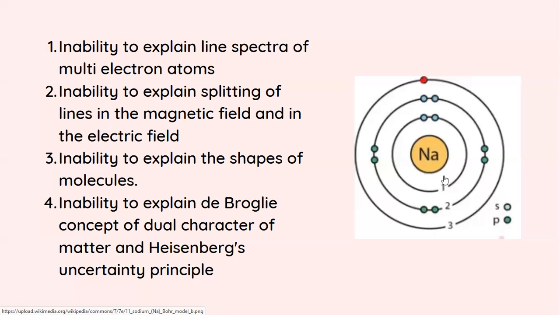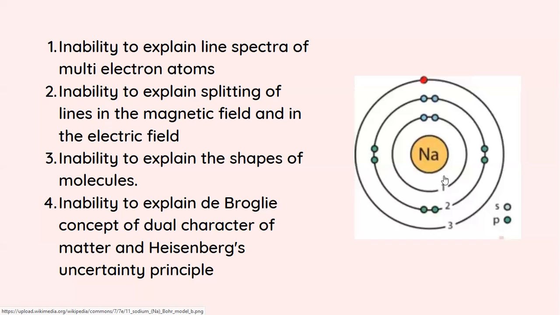Also, when the quality of the spectra was made better, it was observed that hydrogen's lines, if you remember, we studied the Balmer series and Paschen series, all of those lines started to split into closely spaced lines, and this could not be explained by Bohr's atomic theory. So the first point consists of two things.